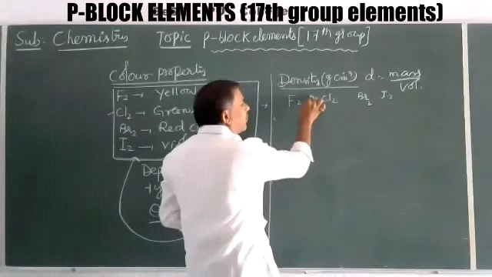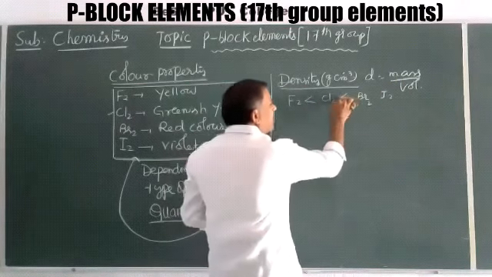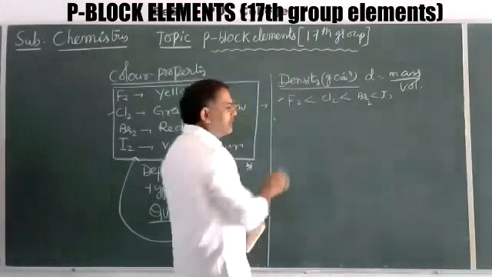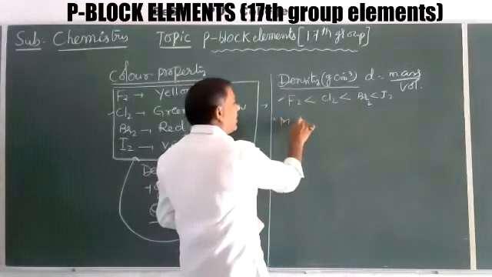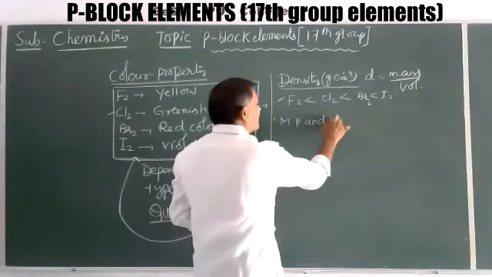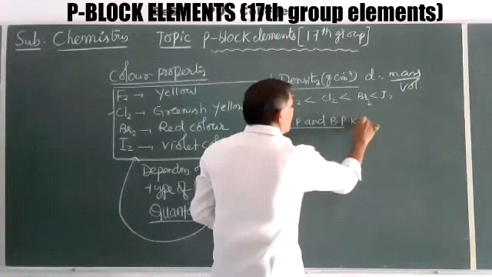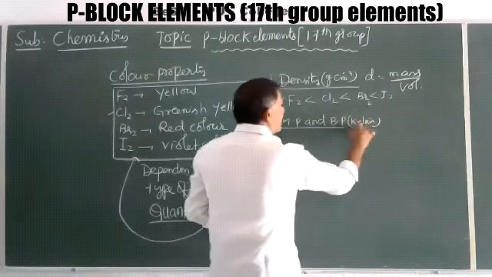That's why fluorine is less than chlorine, less than bromine, less than iodine. That is density. Then melting and boiling points are in the same order without any change. The melting and boiling order in kelvins are the same.